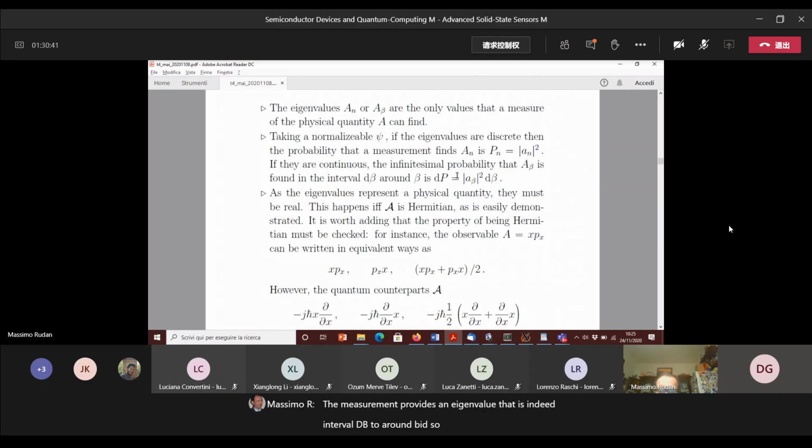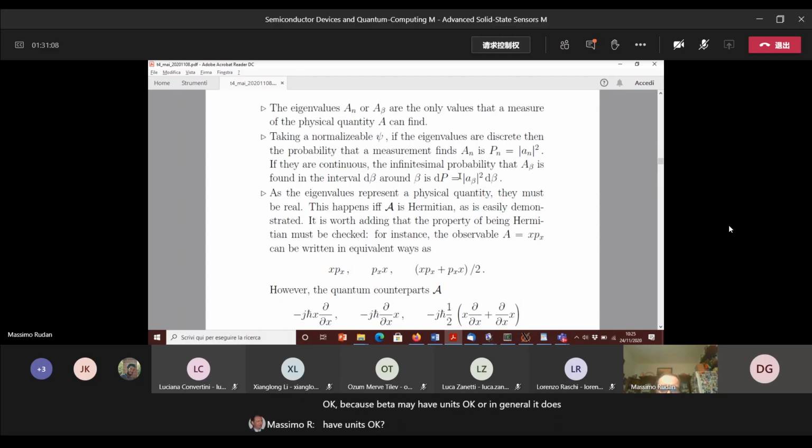So this is an infinitesimal probability, which also implies that the modulus of a(beta) squared by itself is a probability density, because beta may have units, or in general it does have units.